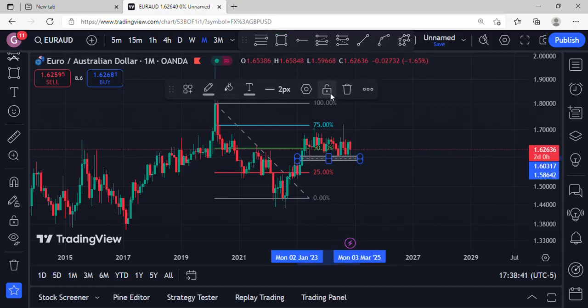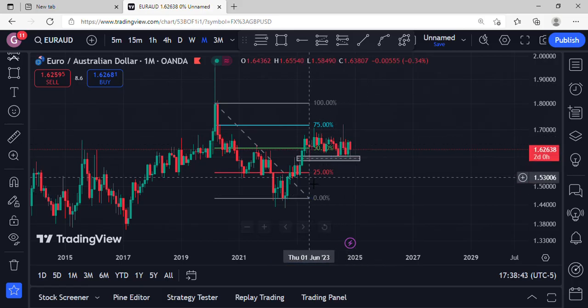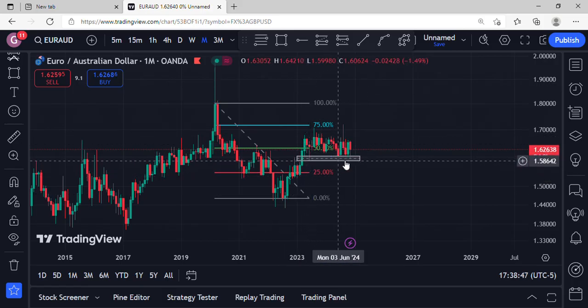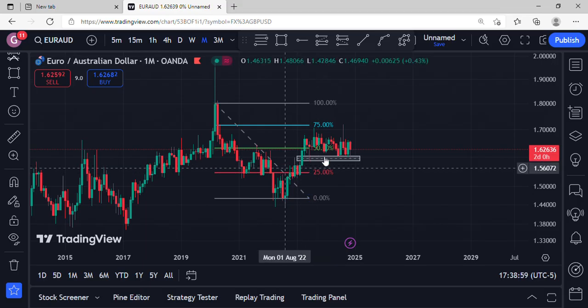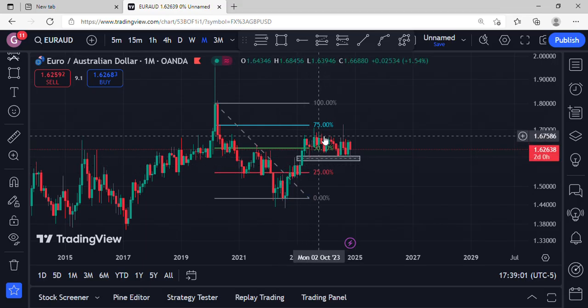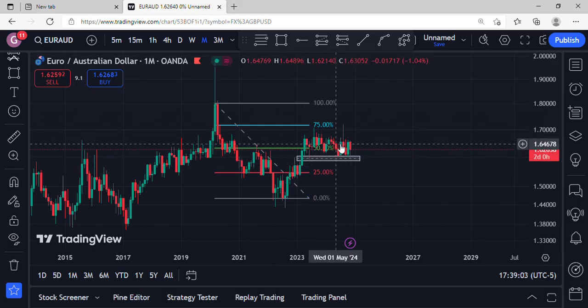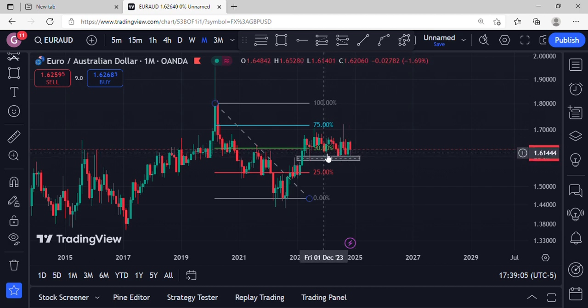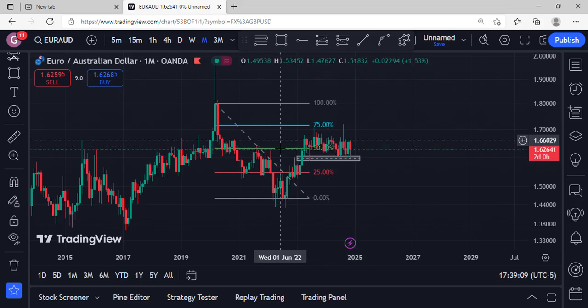And basically what we see here is that price has failed on multiple occasions, 1, 2, 3, to even close below the 50% of this bullish fair value gap. And then using the ideas from simple support and resistance, we see that whenever price gets to this place, it sells, and when it gets to this place, it buys. So there's buying pressure here and there's sell pressure here, right?